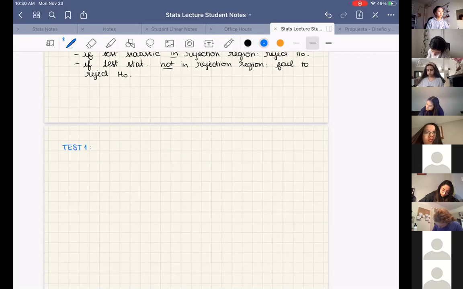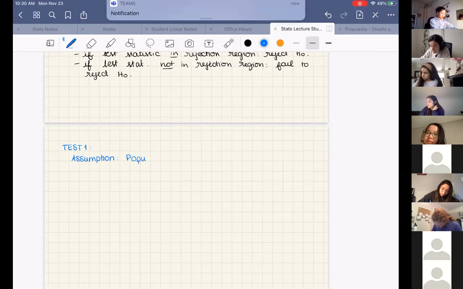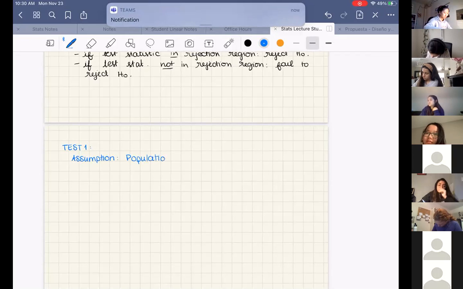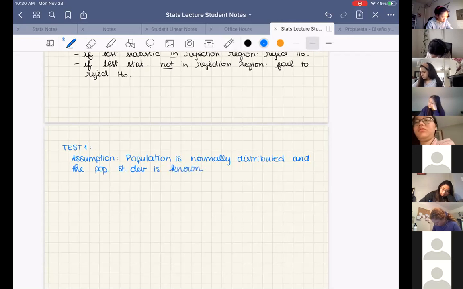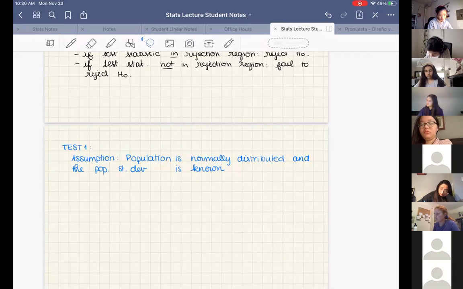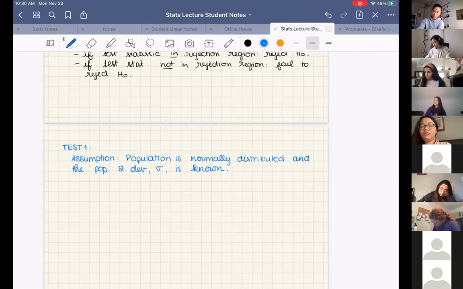Okay, so the assumption is that the population is normally distributed and the population standard deviation sigma is known.